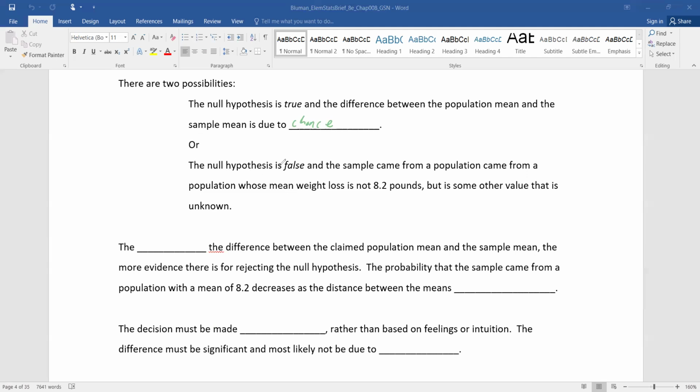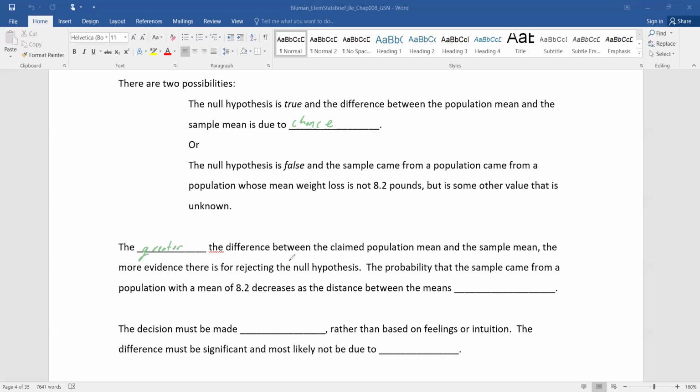Or the null hypothesis is false, and the sample came from a population whose mean weight loss is not 8.2 pounds, but some other unknown value. So again, the values and variables there made it not so, and therefore we said it was false when maybe it was true. And you'll see some error in that as well.